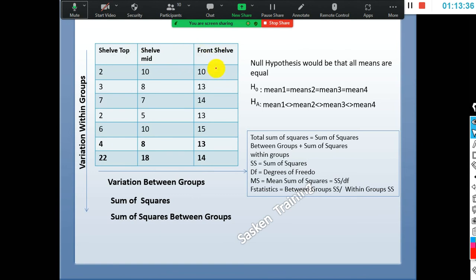Let's assume this is Bangalore, this is Chennai, and this is Hyderabad. In this case, we need to randomly sample the data from each region.